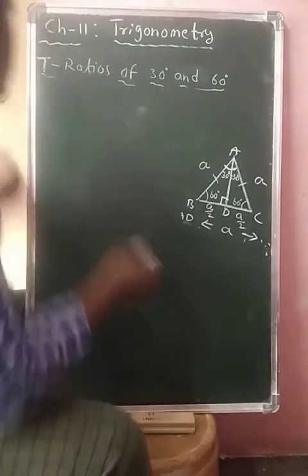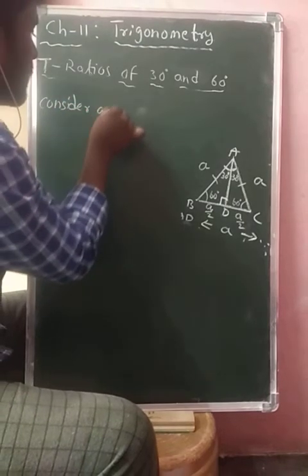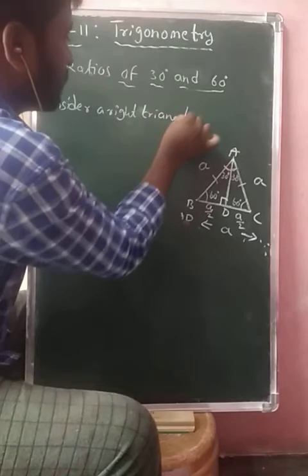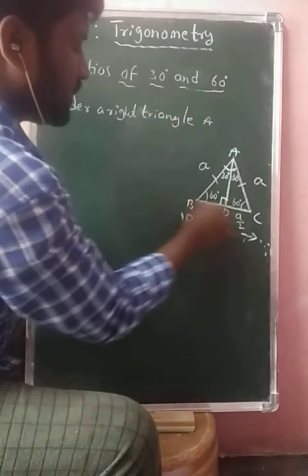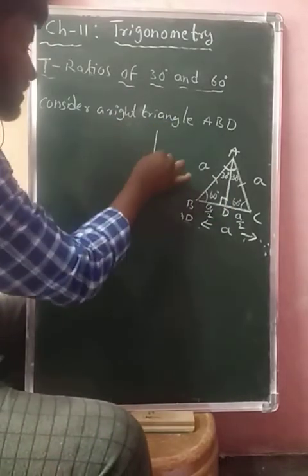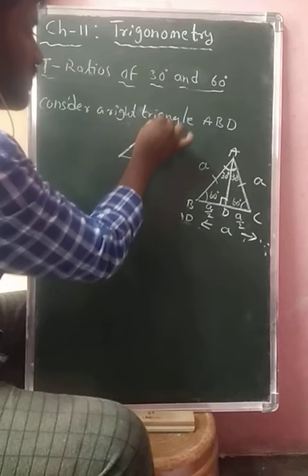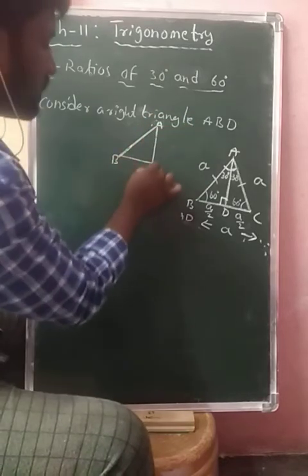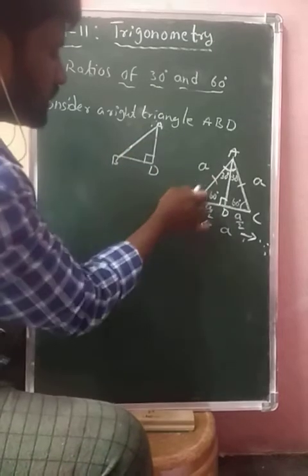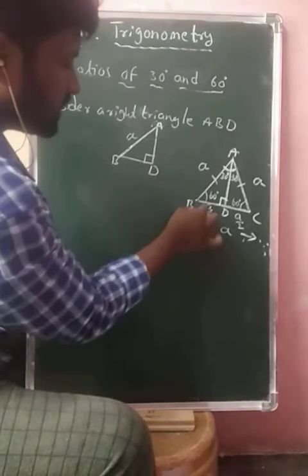Consider a right triangle ABD. Right angle is at D. The length of AB is A units, and the length of BD is A by 2.